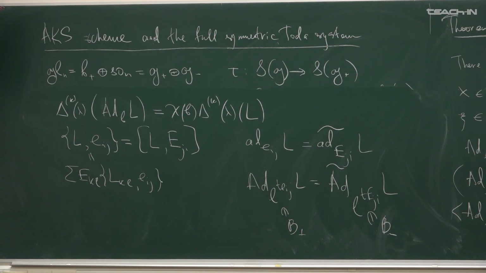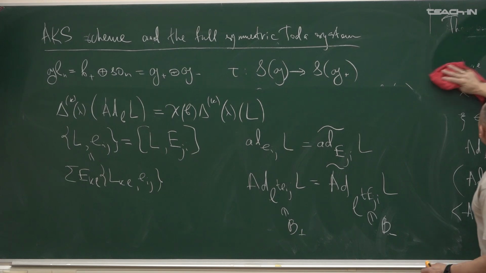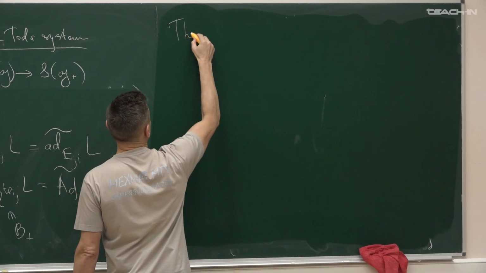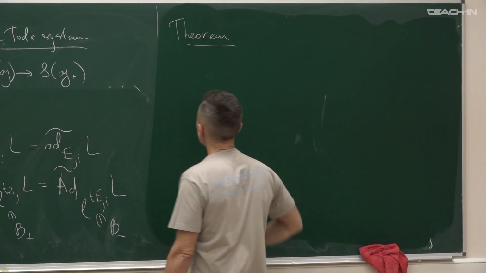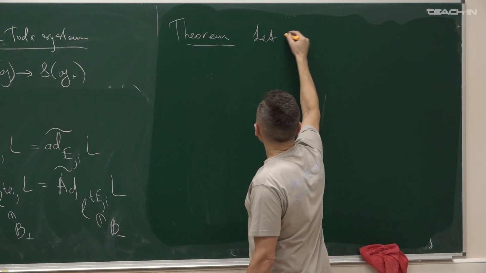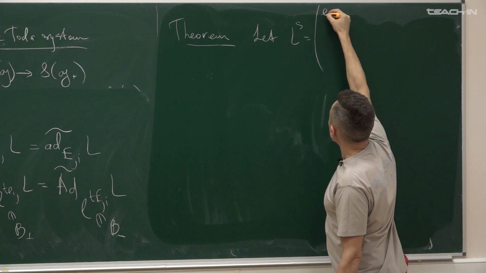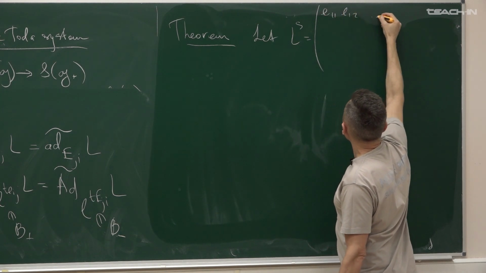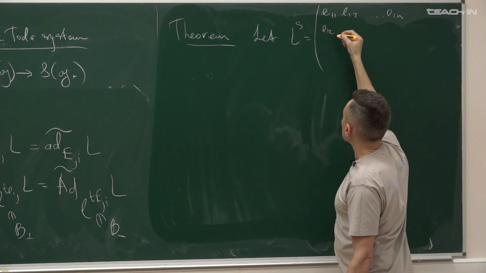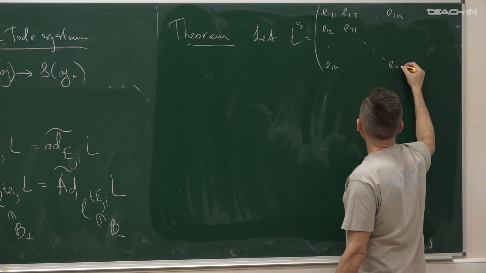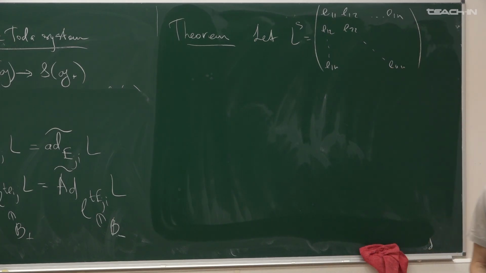Okay, and now I'd like to finish the statement. The resulting theorem: let Ls be the symmetric matrix with entries 1 1, 1 n, 1 2, 1 n, 2 2, and n. Remember, it's a Lax operator for the full symmetric Toda system.